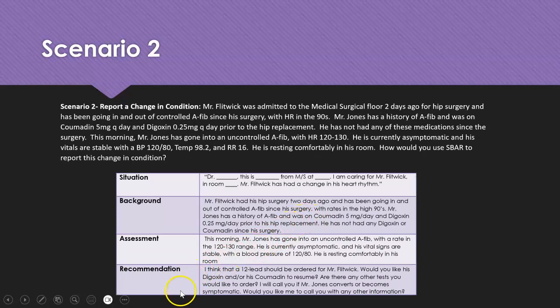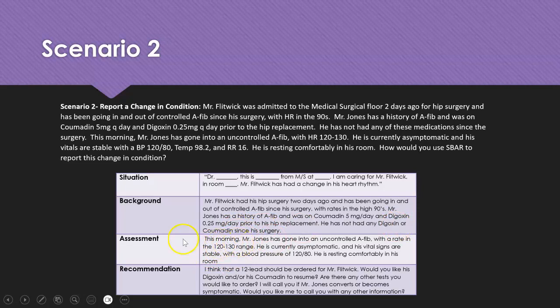Mr. Flitwick had his hip surgery 2 days ago and has been going in and out of controlled AFib since his surgery, with rates as high as the 90s. Mr. Jones has a history of AFib and was on Coumadin and Lenoxin 0.25 milligrams prior to his hip replacement. I mean digoxin, but Lenoxin and digoxin is the same med. He has not had any digoxin or Coumadin since his surgery.